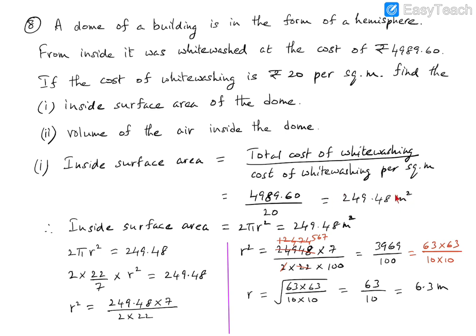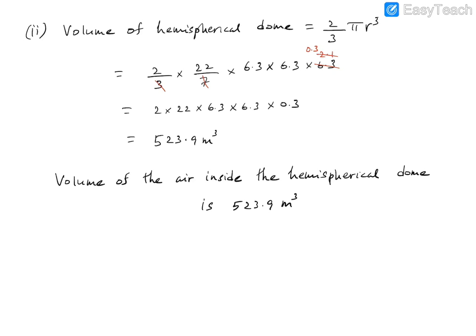And once we had the inside surface area, we substituted the formula for the surface area of a hemisphere to obtain the value of the radius from the inside surface area. And once we had the radius, we were able to use the value of the radius in calculating the volume of the hemispherical dome by using the formula for the volume of a hemisphere, which is 2 by 3 pi r cube, and we obtained our answer as 523.9 meter cube.